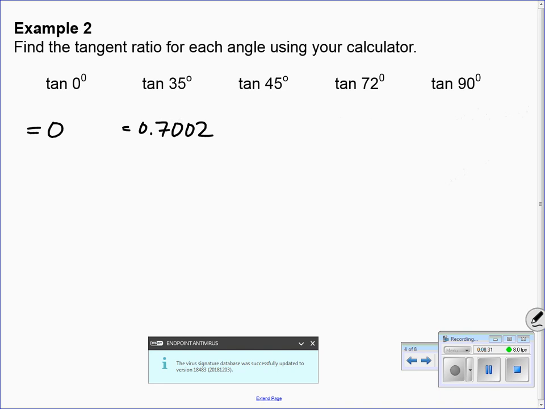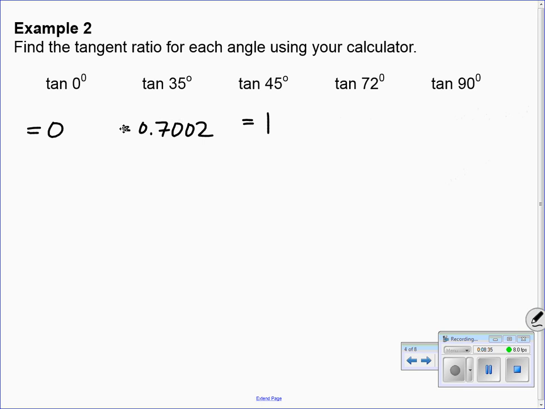And then tan of 45 is 1. Think about it. If you have an isosceles triangle with a 90-degree angle in between, both sides are the same, aren't they? What is 5 divided by 5? 1. Opposite over adjacent. Get it? All right. Now, if I have tan of 72, calculate. What do you get?